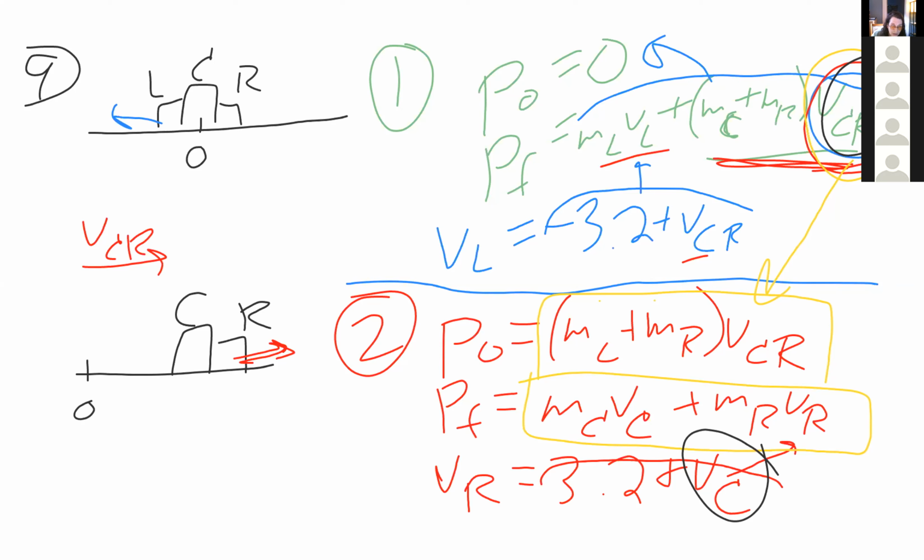The object will travel at v sub cr from time 0 to the time of the second explosion, and then it will travel at v sub c from the time of the second explosion to whatever time they ask you to investigate later. For me, it's 0 to 0.6 seconds. So it would go v sub cr for 0.6 seconds, and then you do 2.7 minus 0.6 for the other time. Then just delta x equals velocity times time.